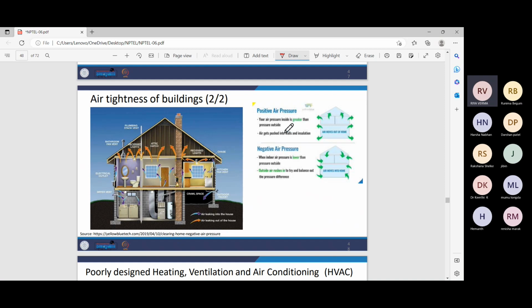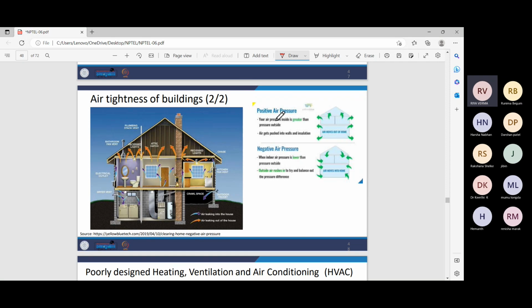So what do these terms, positive and negative air pressure, mean? Basically, if the air pressure inside the environment that we're considering is more than the pressure outside, then this is termed positive air pressure.